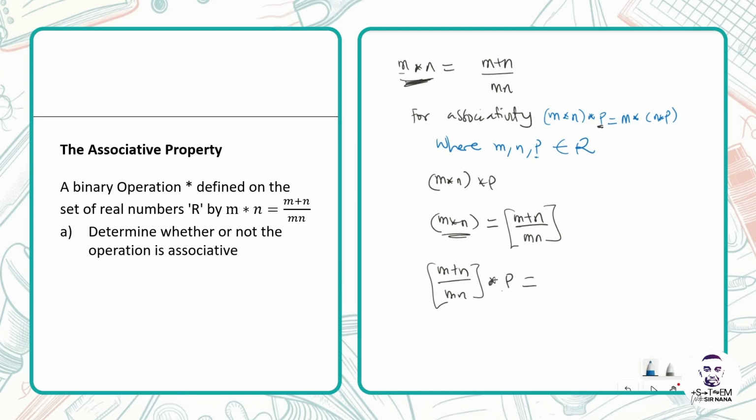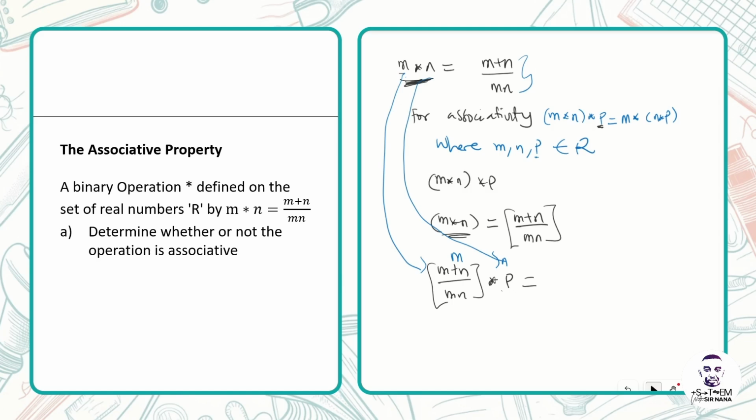And we are going to put these two into the main operation that we have here. So what we are going to do is that wherever we have our m, we are going to replace it with m plus n all over mn, right? And then wherever we have our n, we'll replace it with the p in the operation here.